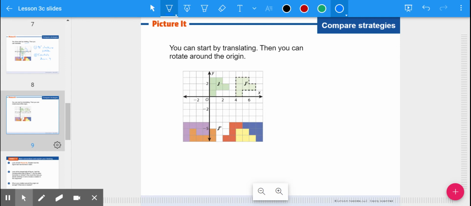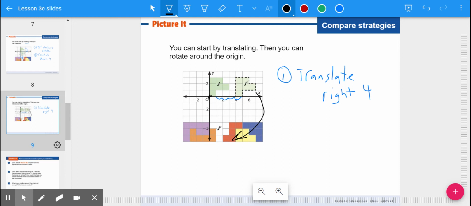But if you want to do it in 2, we'd have to translate it 1, 2, 3, 4 to the right. So it'd be translate 4 to the right. The reason we have to go way over there is because if you are going to rotate around the origin, which is this center right here, when you rotate it all the way over here, it's got to be the same distance away.